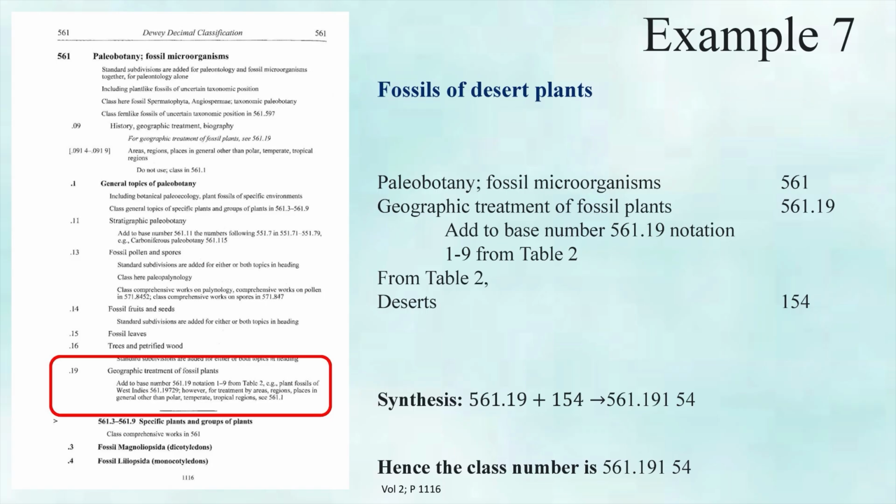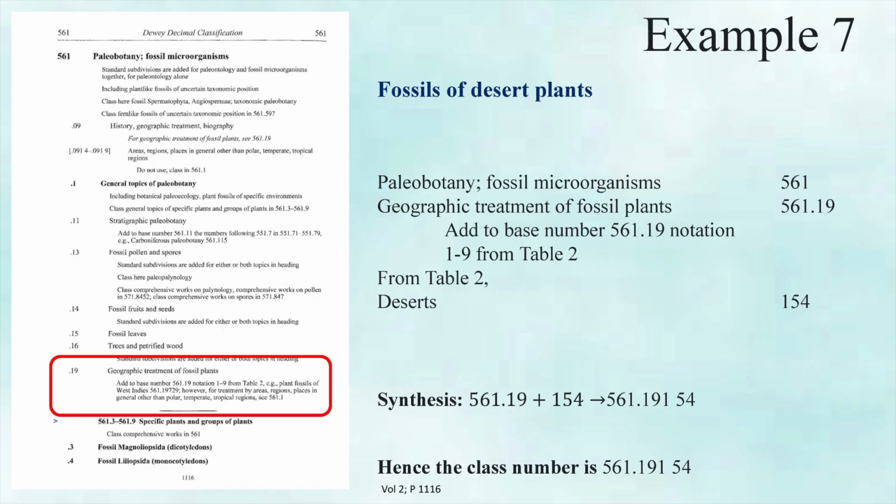As we mentioned in the earlier problem, a desert is not restricted to any particular country or continent. In general, we have to add either 091 from Table 1, or follow any instruction in the schedule itself. In 561.19 there is a geographic treatment for fossil plants. The instruction says to add to base number 561.19 notation 19 from Table 2.